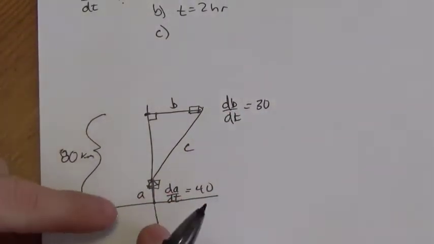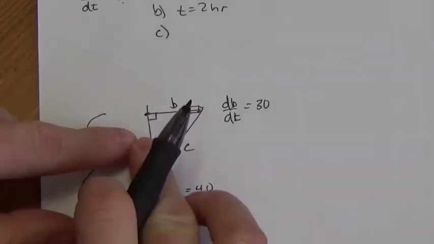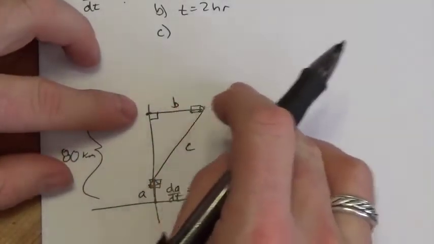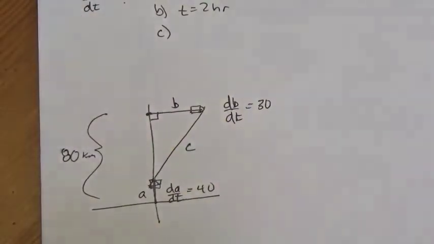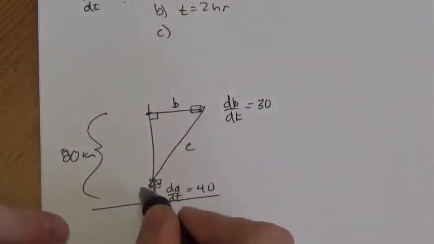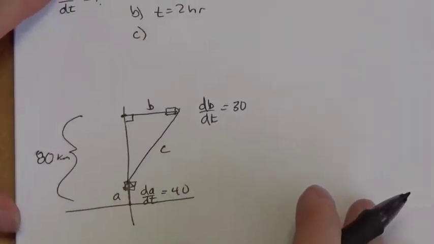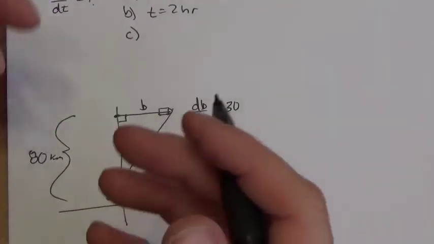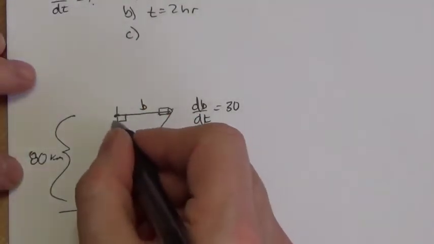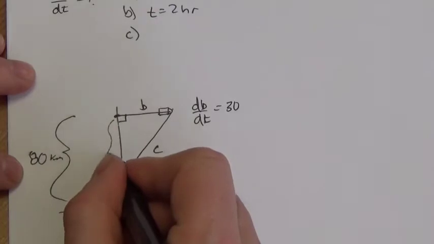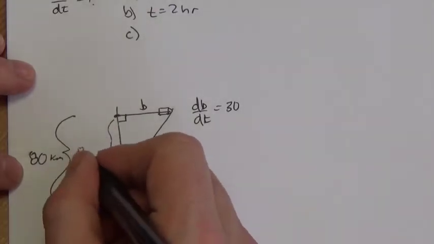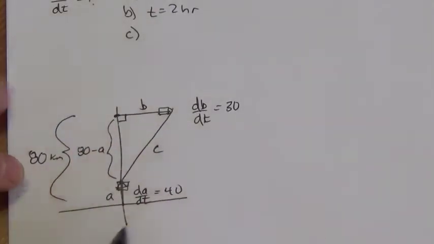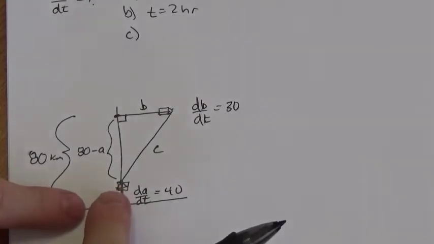It's just below it. It's pushing this point of the triangle forward, ahead of it. A, that distance, is not part of that triangle. I'm still going to use the Pythagorean theorem. It's just that I need to use this distance right here. Well, this distance is going to be 80 kilometers minus whatever A is.